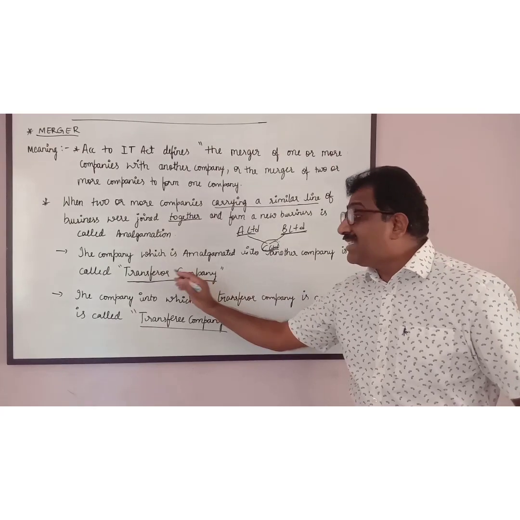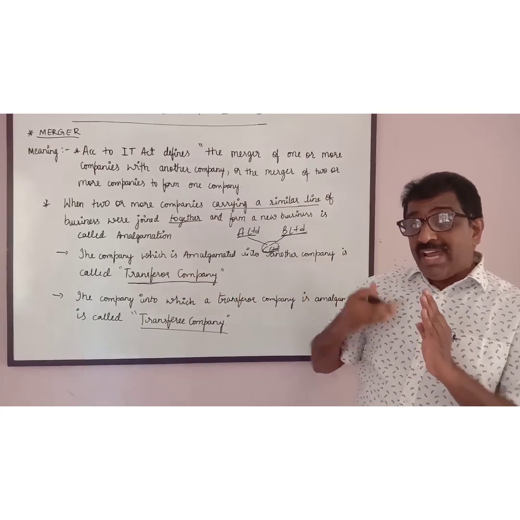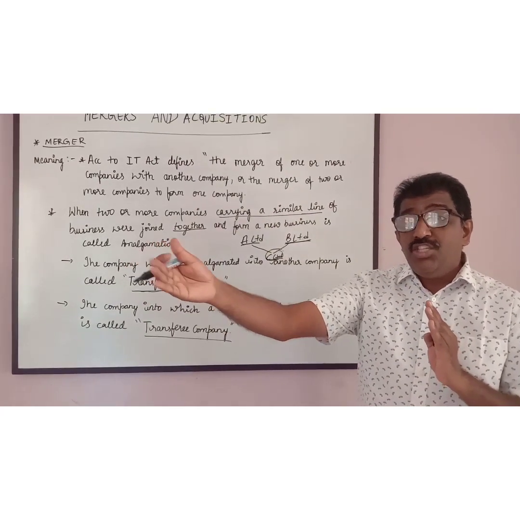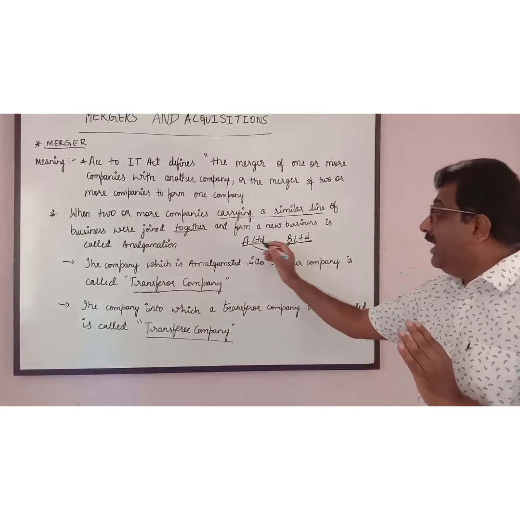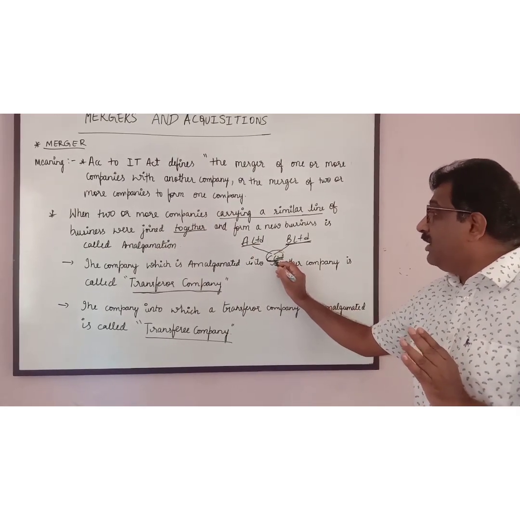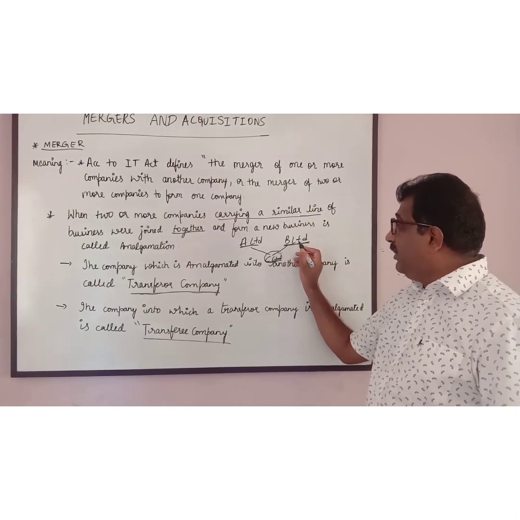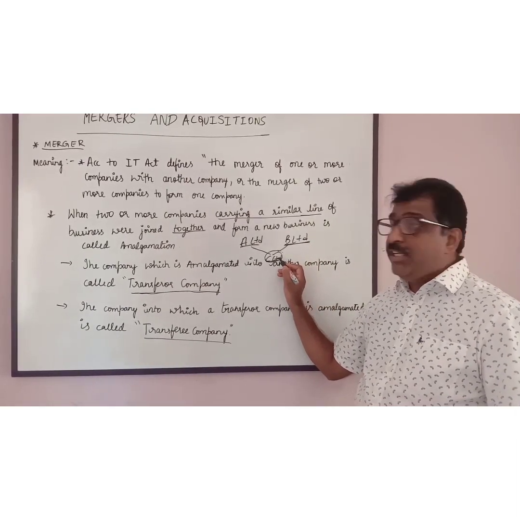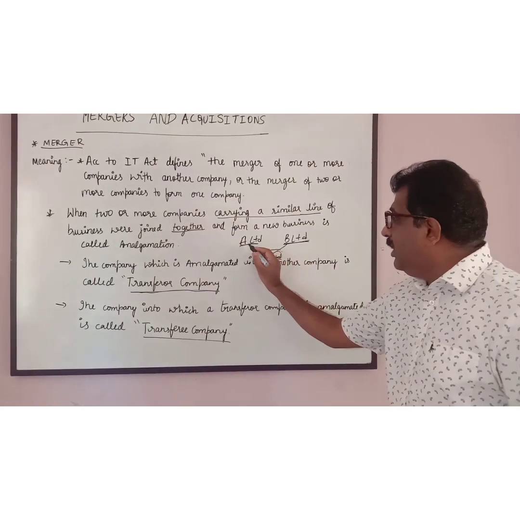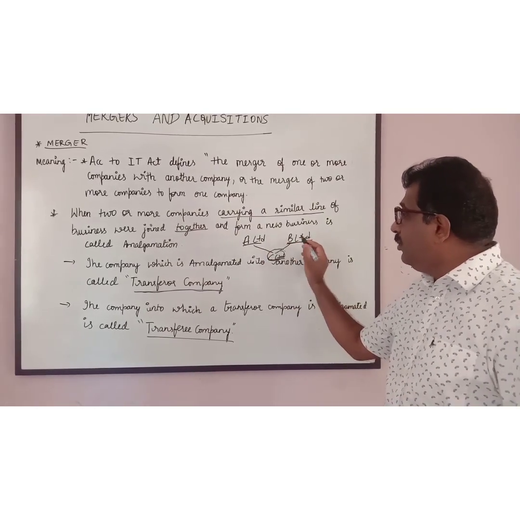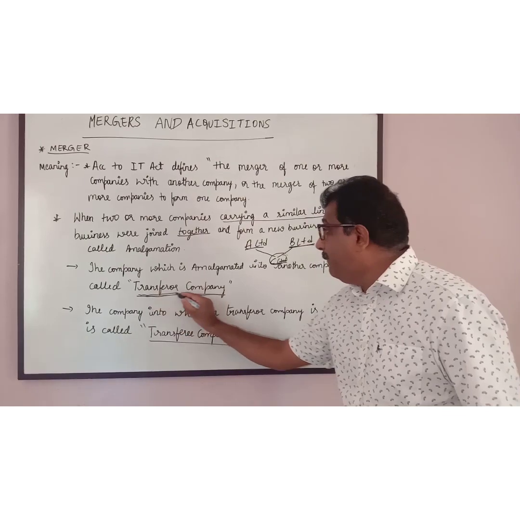That's why it is called transferor: the one who is transferring all the belongings to another company. A Limited is transferring all its assets and liabilities to C Limited. Similarly, B Limited is transferring all its assets and liabilities to C Limited. So A Limited and B Limited are the transferor companies.